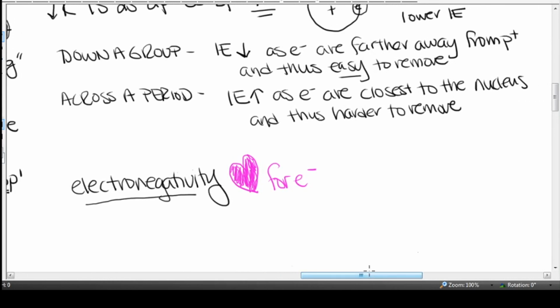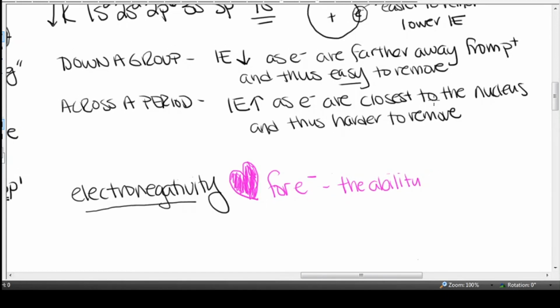Okay, so really electronegativity is the ability to attract electrons in a shared covalent bond.